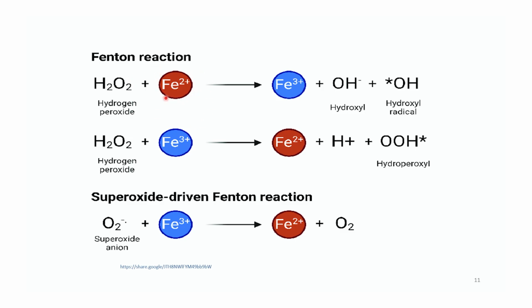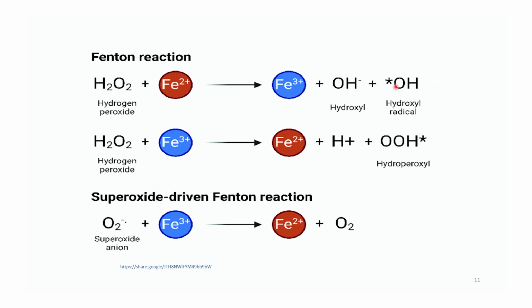Now the hydrogen peroxide, the fuel, is going to oxidize Fe2+ to Fe3+, producing a hydroxyl anion and hydroxyl radical. Then this H2O2 is also going to reduce Fe3+ to Fe2+ and release H+ and hydroperoxyl. All these are reactive oxygen species that are going to break down your organic pollutants very efficiently.